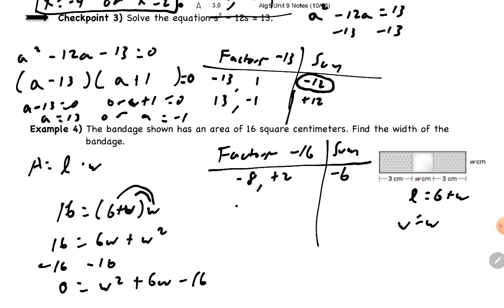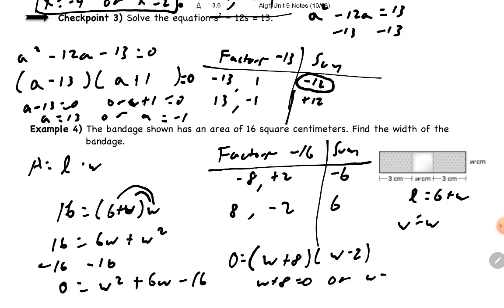So let's try 8 and negative 2. That gives me positive 6. So that's the one we're looking for. So 0 equals w plus 8 times the quantity w minus 2. So either w plus 8 is equal to 0 or w minus 2 is equal to 0. So w equals negative 8 or w equals 2.